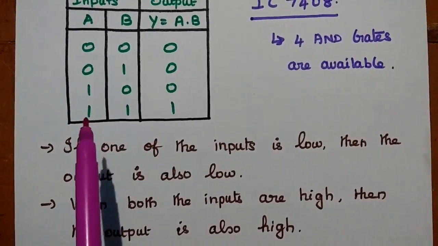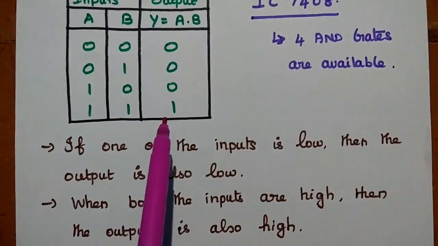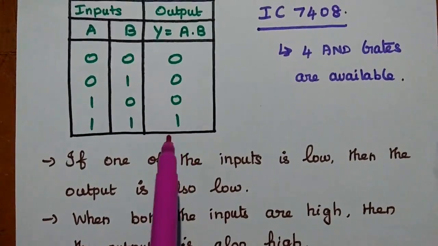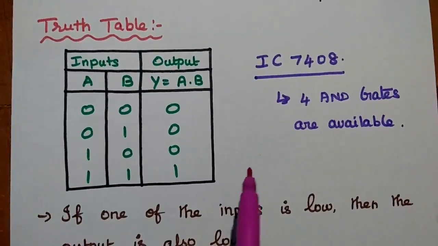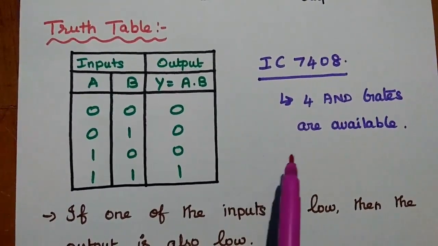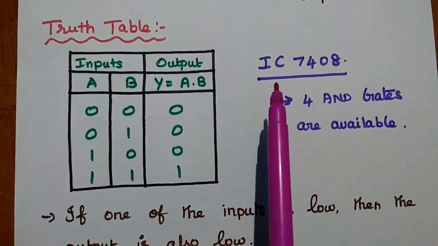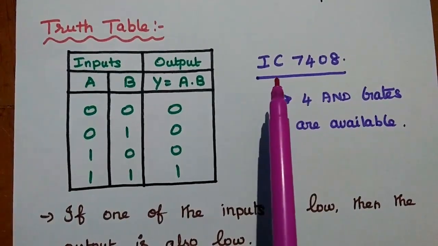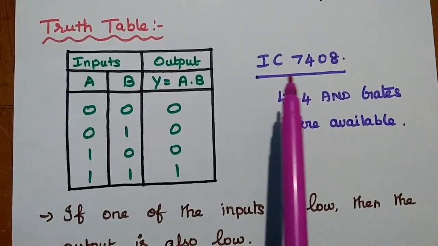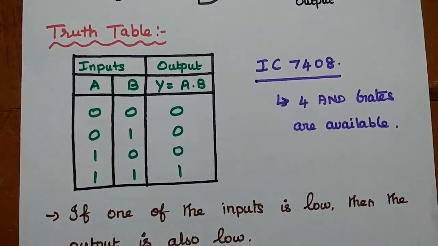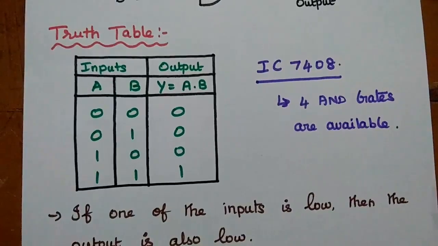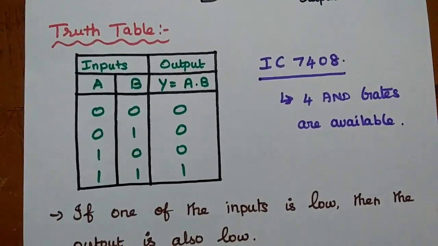Nowadays, the AND gates are available as linear integrated circuits, that is IC. AND gate ICs are represented like this: IC 7408. This 7408 IC has 4 AND gates in it.